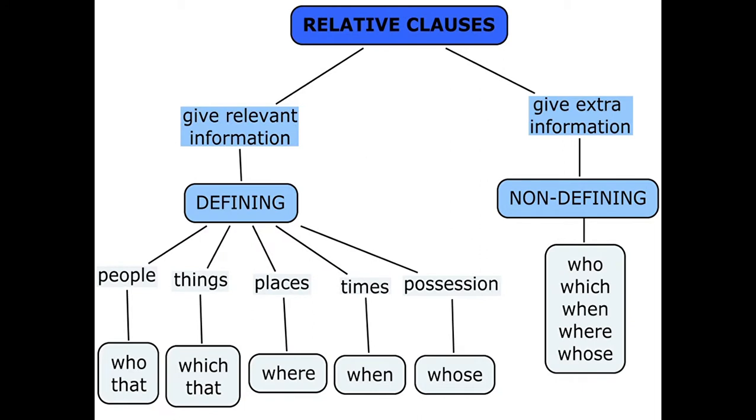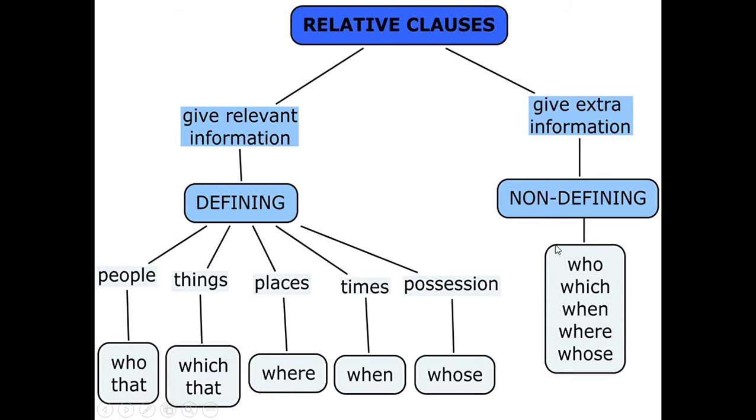We have got relative clauses, and they are of two types: defining relative clauses and non-defining relative clauses. And between this and this there is a difference. Defining relative clauses, as you can see, give relevant information, while non-defining relative clauses give extra information.